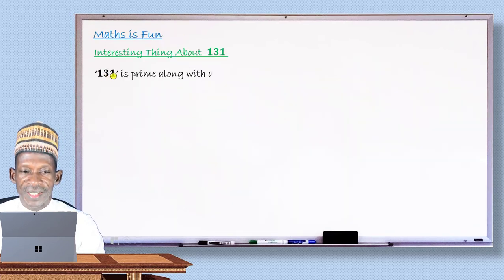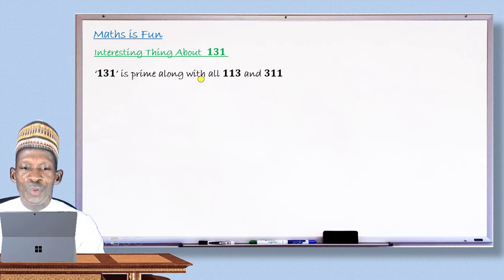It says 131 is prime, along with all the other numbers using the same digits as 131. That is 113 and 311. These are the two other numbers that you can have as a result of using those 3 digits, 1, 1, and 3.